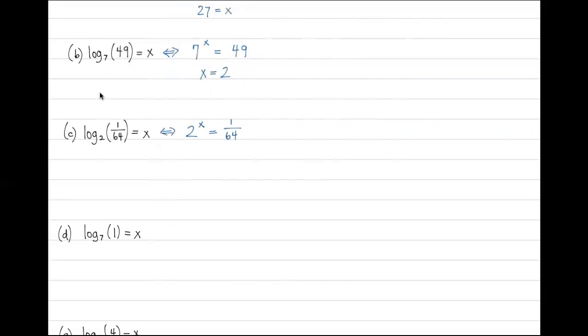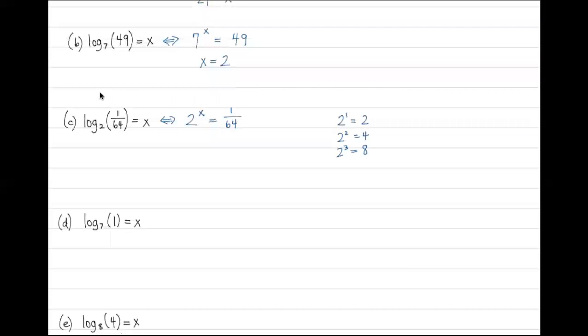So we might want to actually go through and write out some of the answers, right? We know that 2 to the power of 1 is 2, and 2 to the power of 2 is 4, and 2 to the power of 3 is 8, right? And so we kind of know that if we end up with bigger exponents here, we'll just end up with bigger answers, right? And we need to make it smaller.